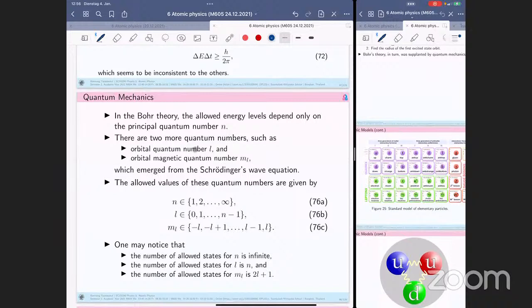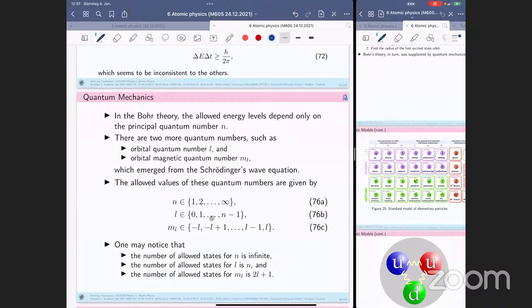Anyway, let's see the relationship between the orbital quantum number L and the principal quantum number N, and the orbital magnetic quantum number ML in relation to N. N could be any integer from 1, 2, until the last one, which is infinity.